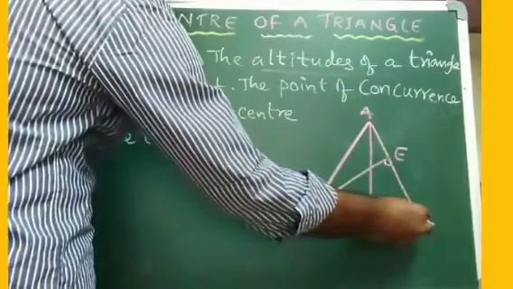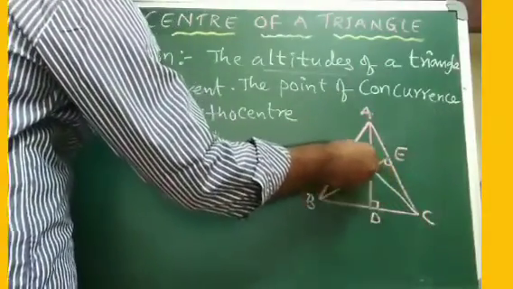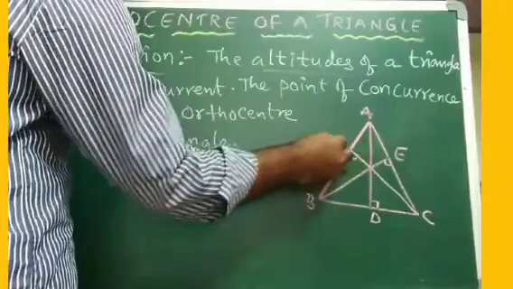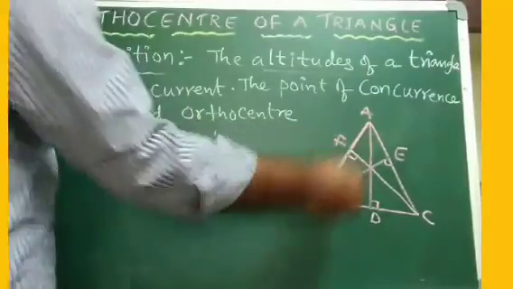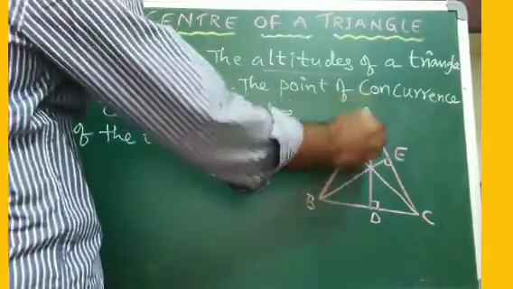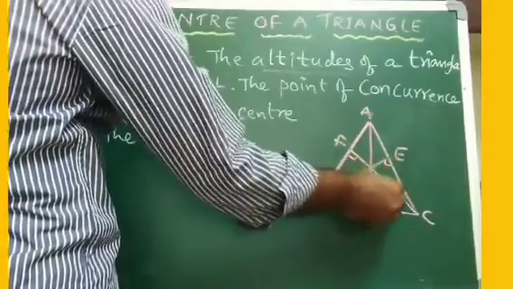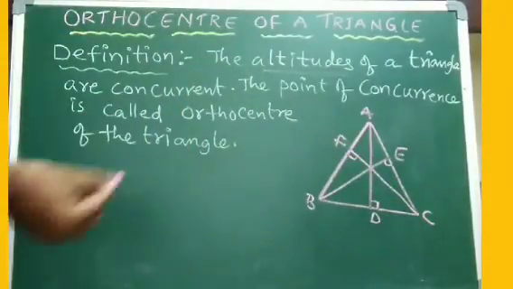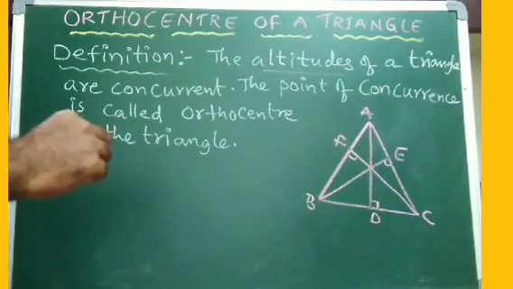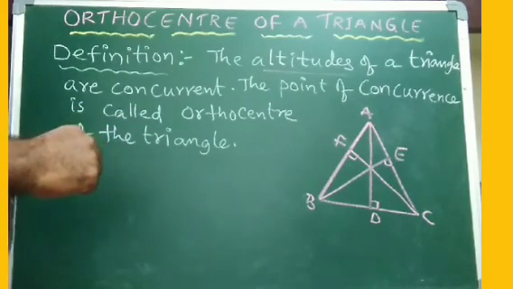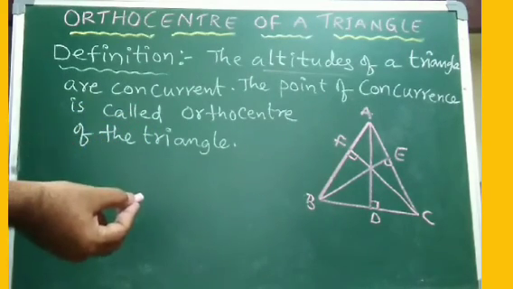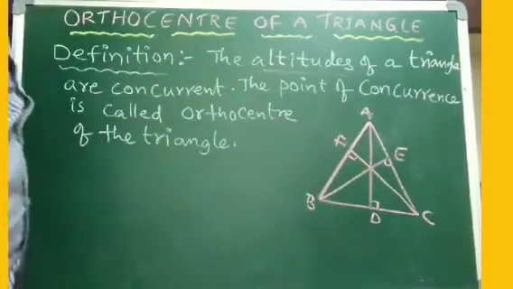And similarly from C, if you draw the perpendicular, say CF. Now clearly AD, BE and CF are nothing but perpendiculars drawn from vertex to the opposite sides. I mean they are nothing but altitudes.